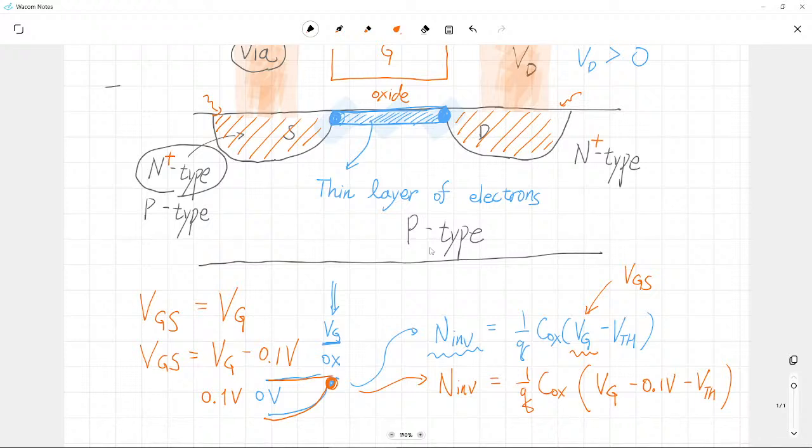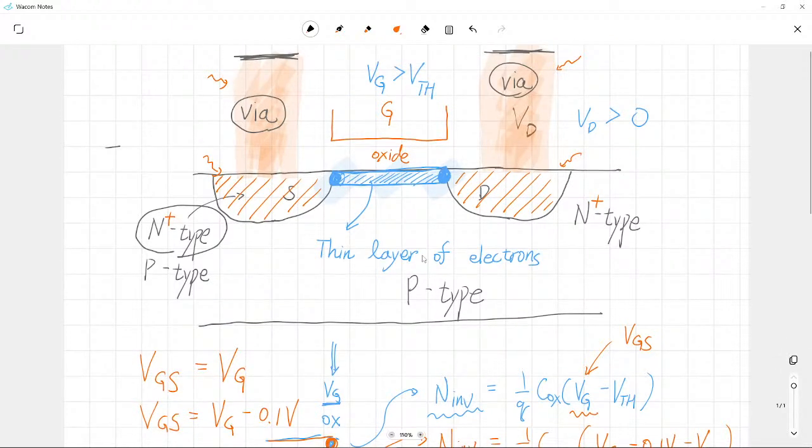Okay, but the source is almost always biased to 0, so don't worry about that. But if we go to the drain, then what will happen? Certainly the drain is biased higher than 0.